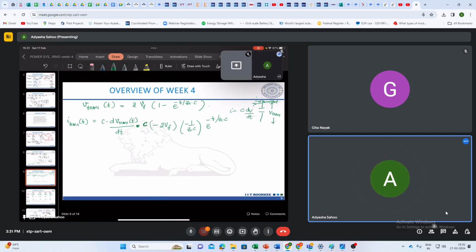So it will cancel out, and minus minus plus, so 2VF by ZC e to the power minus t by ZC times C. So this is your I transmitted.